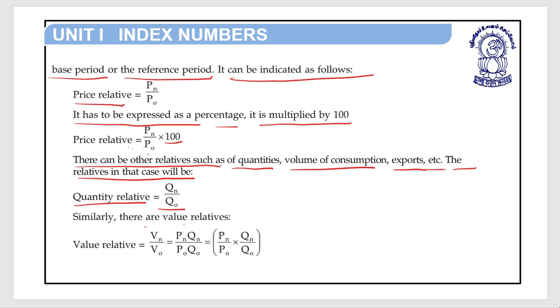Similarly, there are value relatives, value relative Vn upon V0, which is Pn Qn upon P0 Q0. Vn is equal to Pn Qn and V0 is equal to P0 Q0. We can write this as Pn by P0 into Qn by Q0. Pn by P0 is the price relative and Qn by Q0 is the quantity relative.